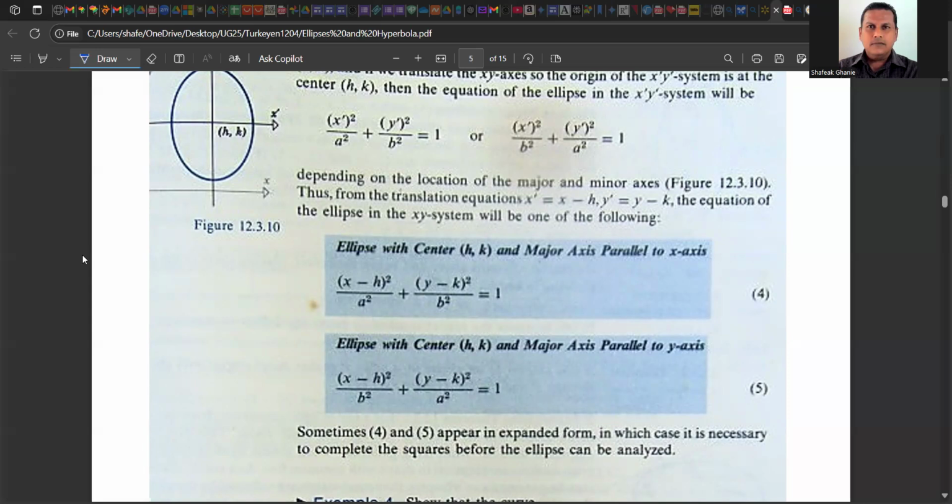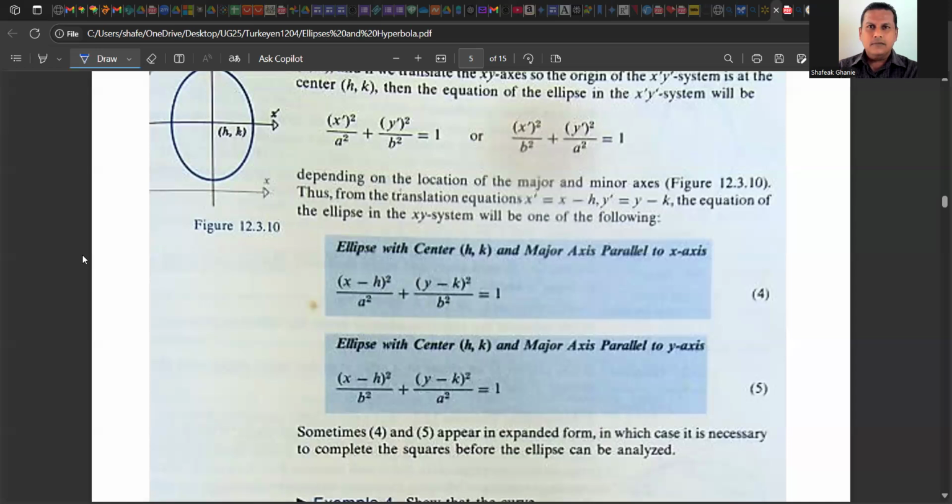But you need not have that. You can actually know from the size of A and B where the major axis is. But all right, if you want to memorize two equations, you can write this down somewhere in your formula sheet.